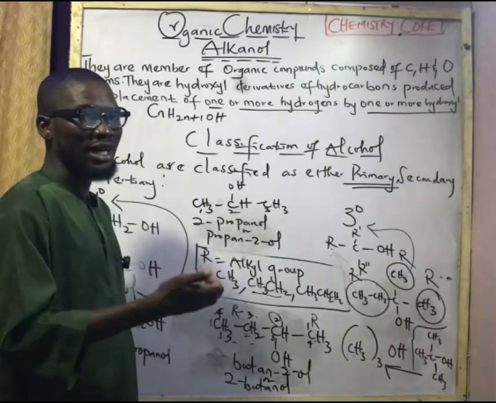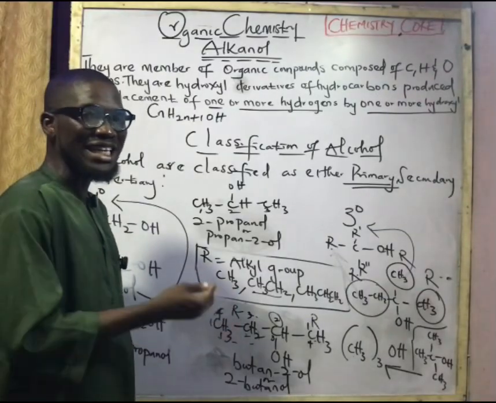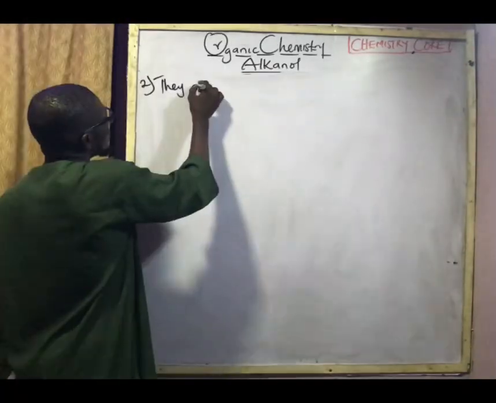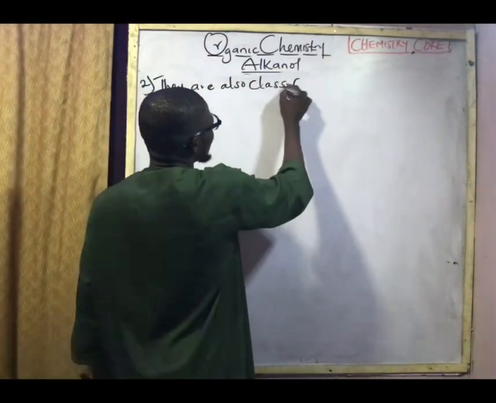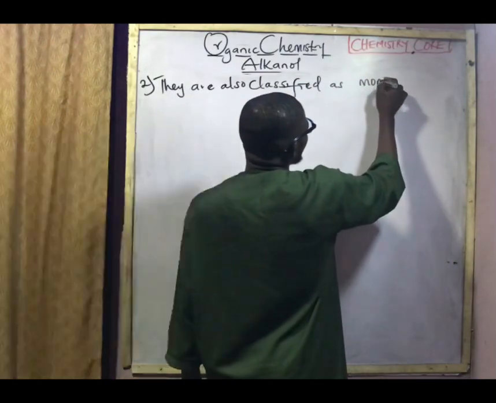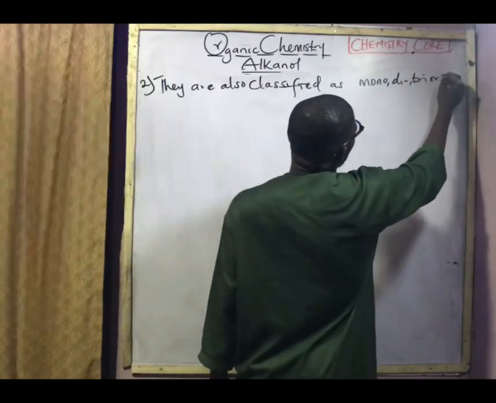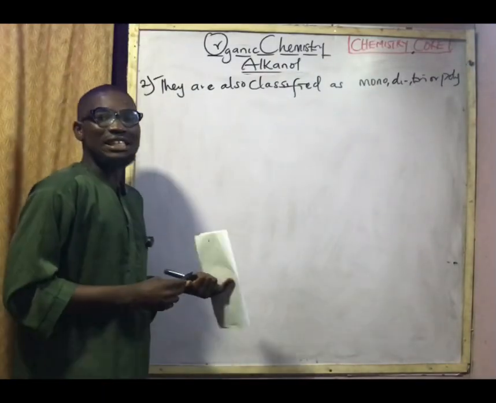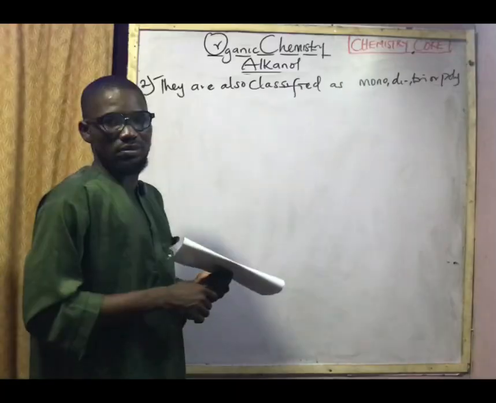So the next one we'll take a look at is classification of alcohol as either monohydric, dihydric, or trihydric. Alcohols are also classified as mono, di, tri, or poly, depending on the number of hydroxy groups they possess.